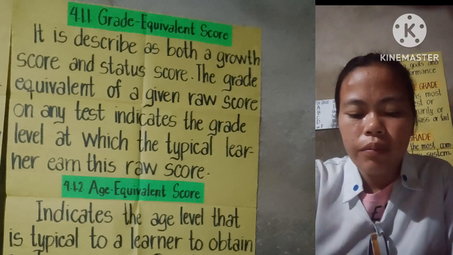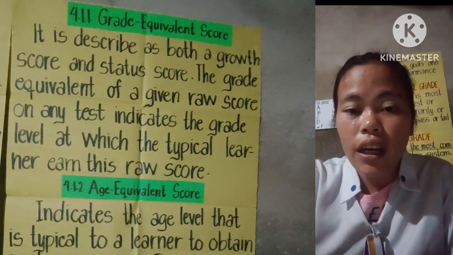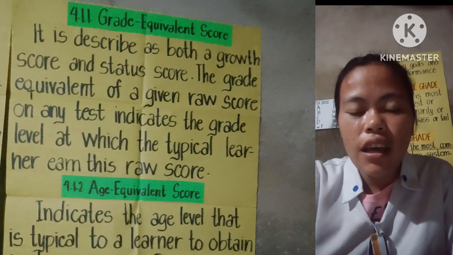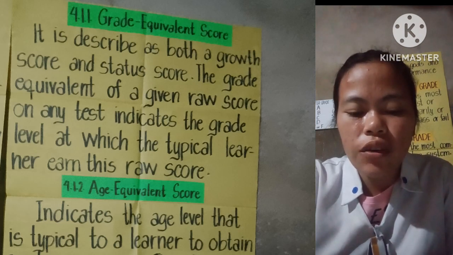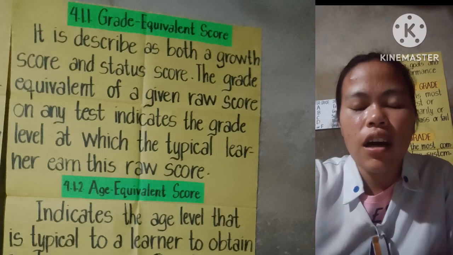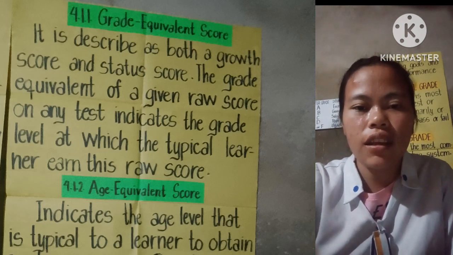So, kay si student C man ang pinakataas, which is 4.8, it means that he has an advanced knowledge kaysa sa duha, which is ang student A is 4.5 and student B is 4.2. So, ingon na siya ang grade equivalent score.